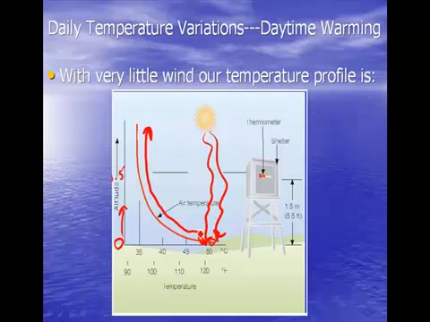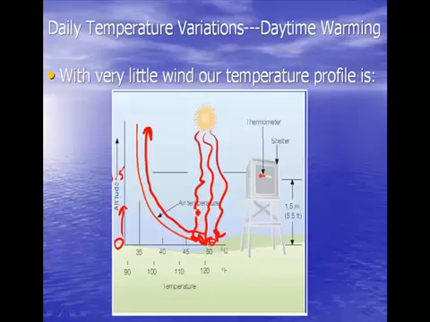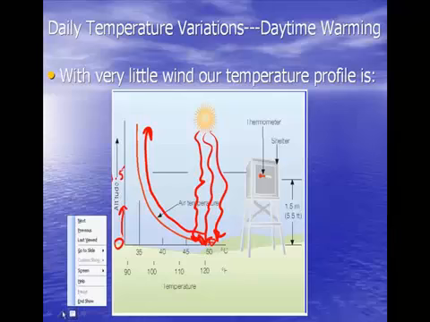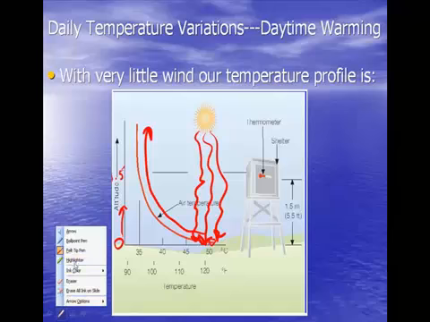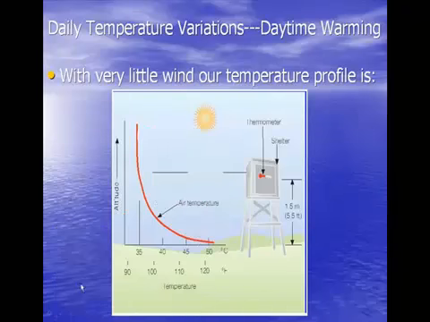And recall that the atmosphere is pretty much impervious to the incoming shortwave radiation, except for ozone. Ozone will absorb some of that incoming shortwave radiation. But on a cloudless day with very little winds, that's basically what we're looking at as far as a temperature profile. We see as we go up in altitude, temperature beginning to decrease.